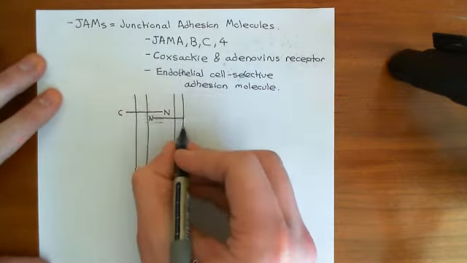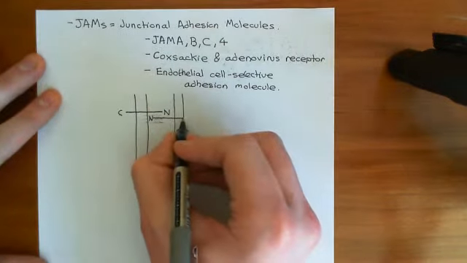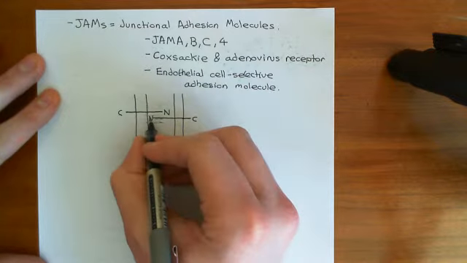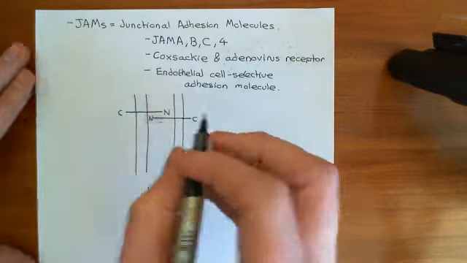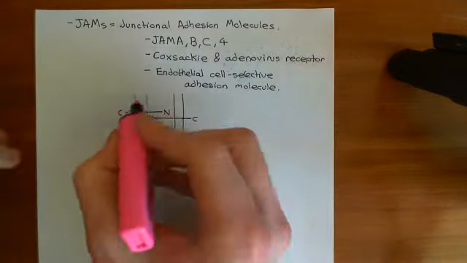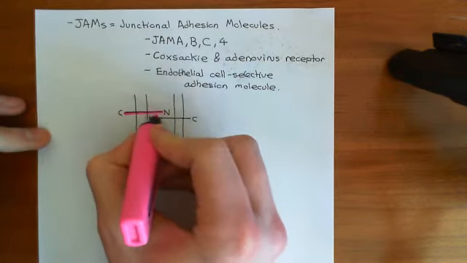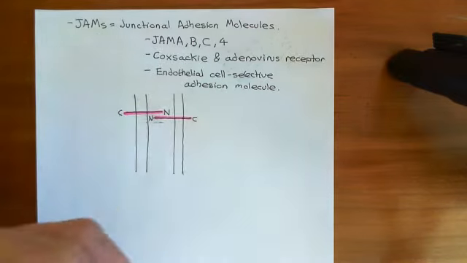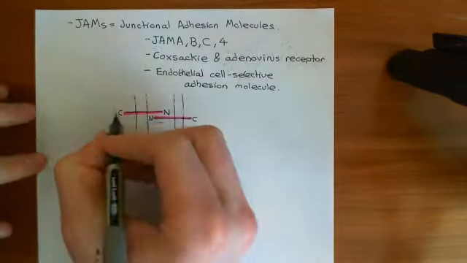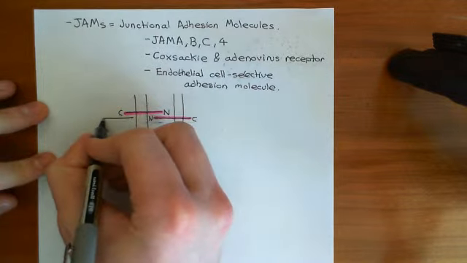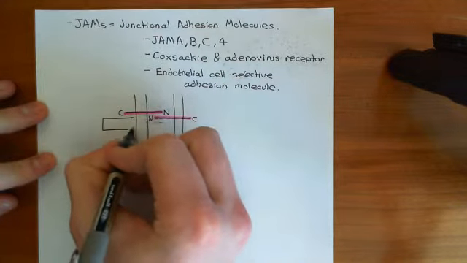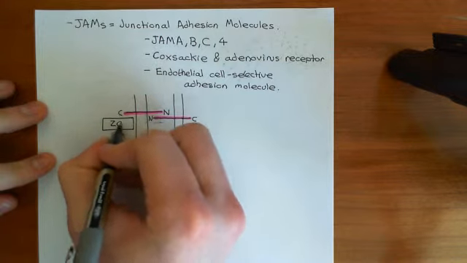So here's another junctional adhesion molecule on the surface of another cell here. Here's the amino terminus, here's the C terminus, and these 2 extracellular domains are interacting here. Let's colour in these 2 junctional adhesion molecules in vivid purple here. Then, the way that the junctional adhesion molecules bind to the cytoskeleton is once again through binding to zonular occludins proteins.